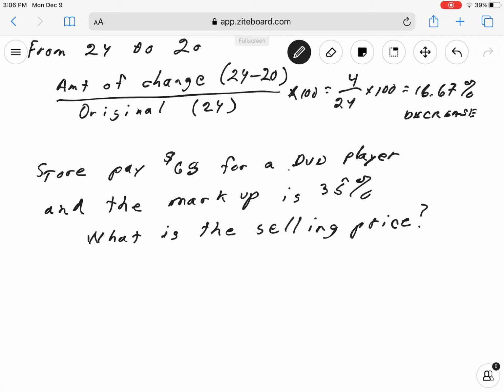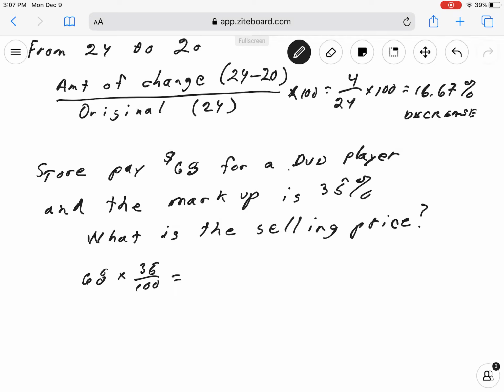Okay, so what we're really trying to figure out is the markup amount, which is 68 times our 35 over 100.